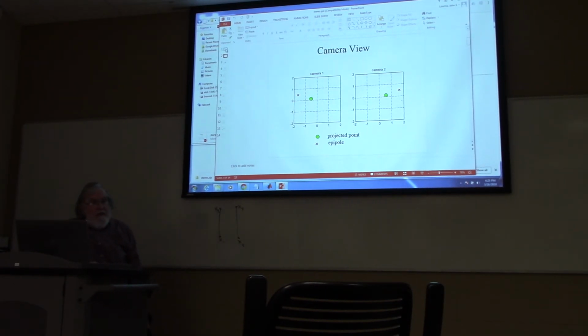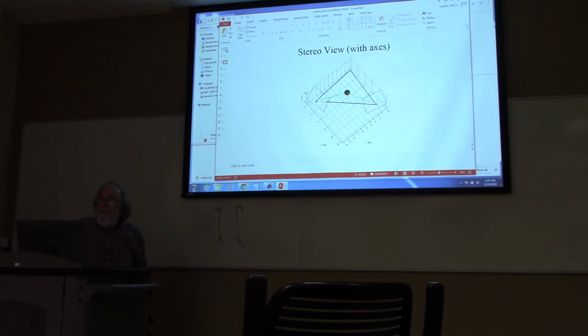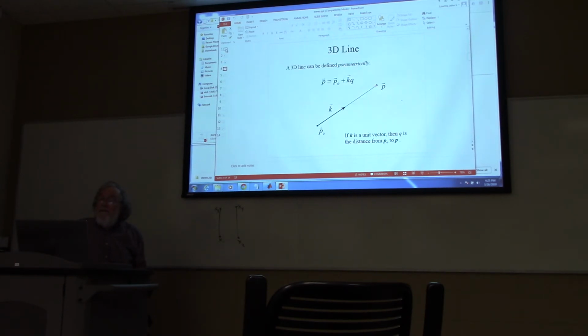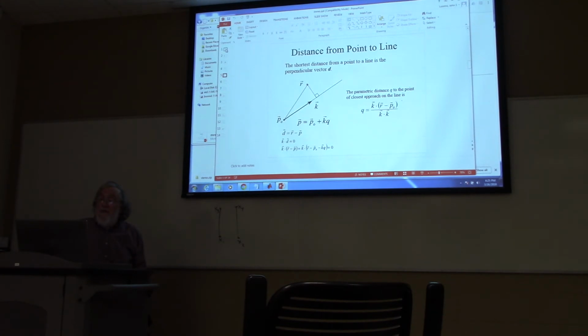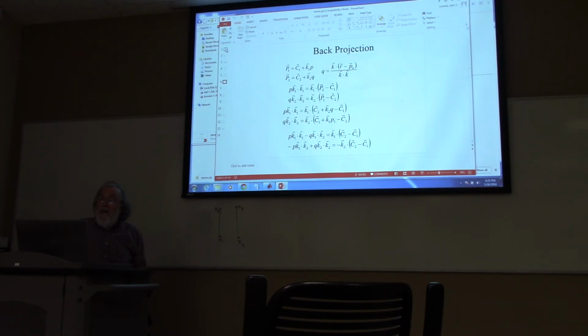All right, so we have epipoles, we have the epipolar line, and we have the two images as seen by the camera. Cameras happen to be looking at the same point, but that's not going to be required. Okay, 3D line, we can find distance from point to line, we've done that.